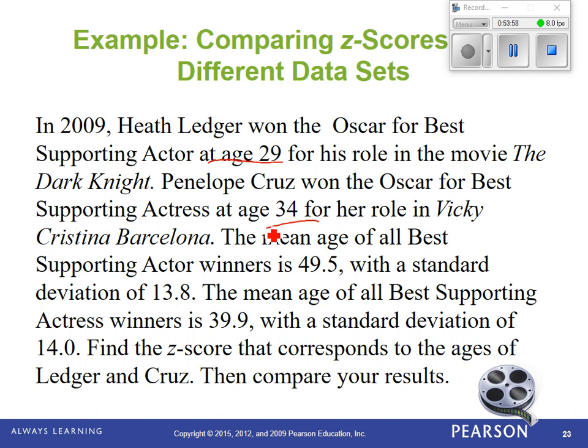The other thing I want to show you here, and you might want to write this in your notes somewhere, as I'm drawing this, you're going to have to know this. You might want to draw something like this number line. The mean's right here. Then we have 3 standard deviations above, 3 standard deviations below.